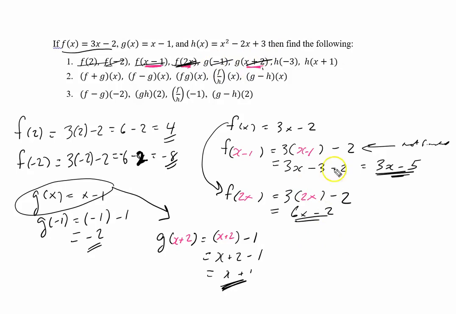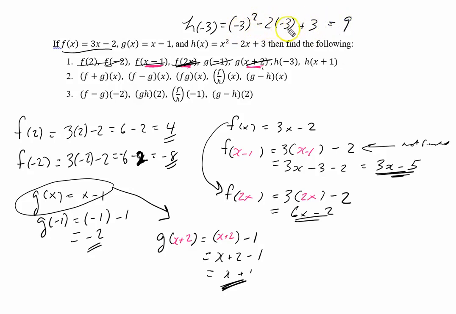All right, now what about h evaluated at negative 3? Come over here and write it above h. If I'm just replacing x with a number, then do it in the formula inside parentheses. Now, if you don't do it in parentheses, you're going to get the wrong answer here. Negative 3 in parentheses. So negative 3 all squared is positive 9.